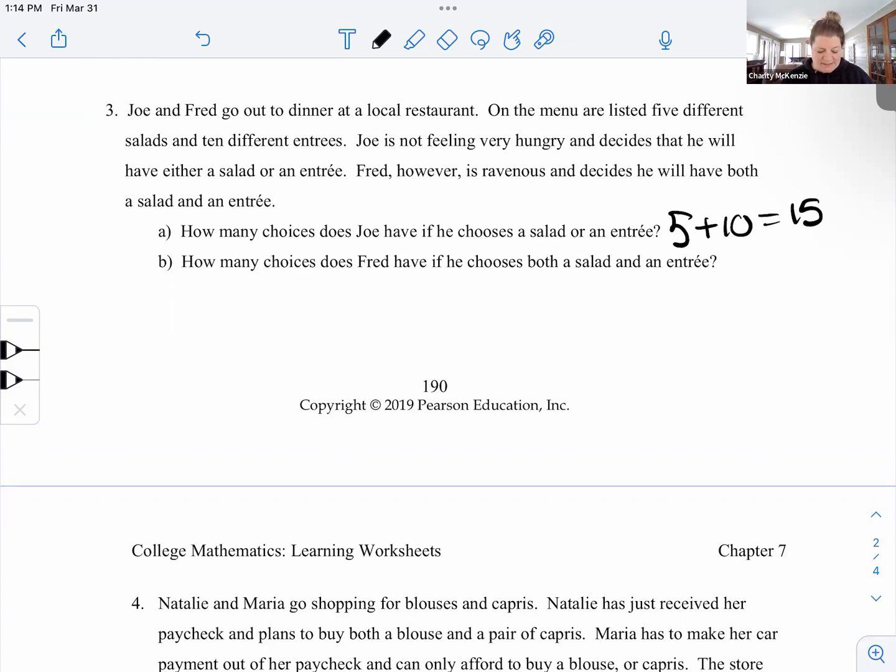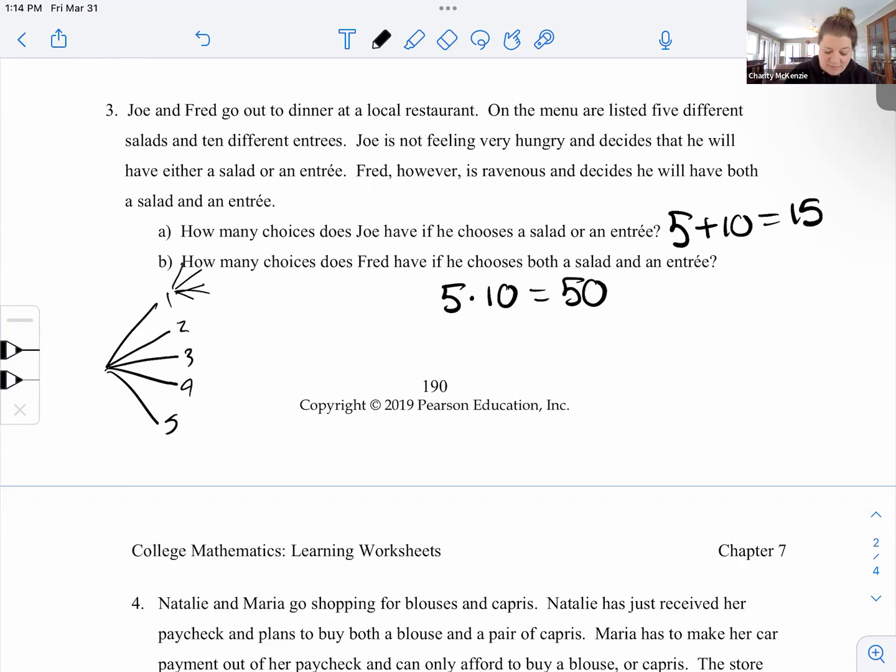Okay, how many choices will Fred have if he chooses a salad and an entree? So he has 5 different salads and 10 different entrees. So he is going to have 50 choices. That seems wrong, but think about it. If I did a tree, he could pick any of those salads, 1, 2, 3, 4, 5. And then for each salad, he would have 10 options.